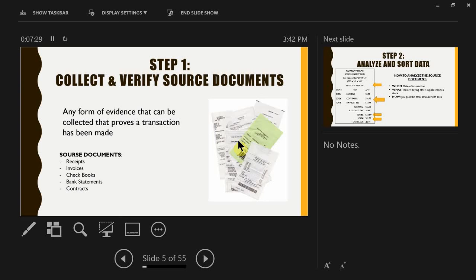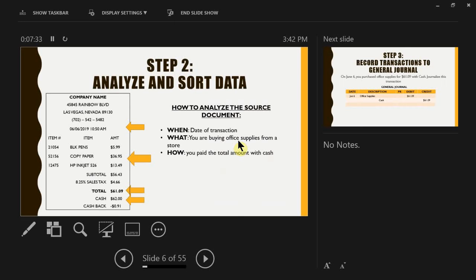Bank statements, all right. So once you've collected your source documents, the next thing you've got to do is analyze them. For the example, we take this receipt and we answer three questions. When did it happen, right? Usually the receipt will have a date. What has happened? Well, you went to the store and you bought office supplies. So therefore, you made a purchase of office supplies.